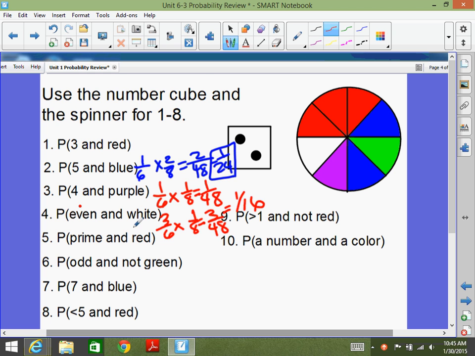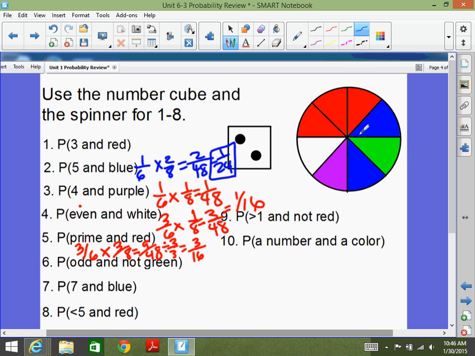Number 5, the probability of prime. 3 out of 6 times red, 3 out of 8, which is 9 out of 48, which can be reduced by 3, which is 3/16.